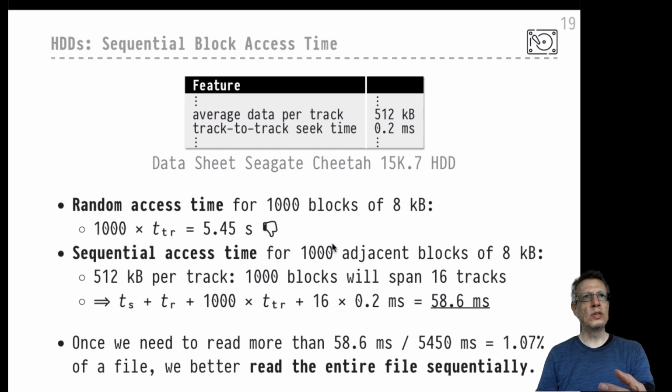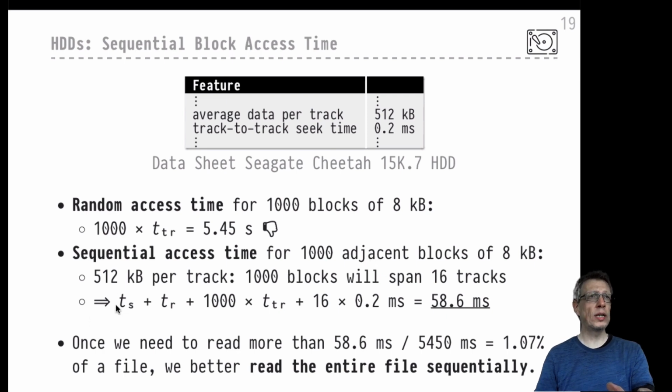The information in these 1000 blocks would not be arbitrarily spread across the platters, but they would be in 1000 physically adjacent blocks. Given that we can store about 512 kilobytes per track, these 1000 blocks would span 16 tracks, 16 concentric rings on our platters. And the overall sequential access time for these 1000 adjacent blocks of 8 kilobytes would be the following.